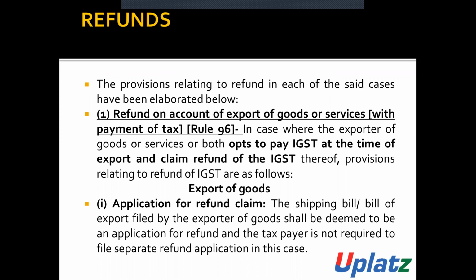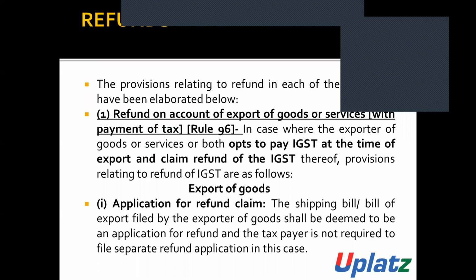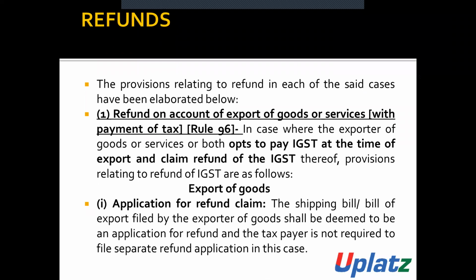Number one, application for refund claim. The shipping bill, or bill of export. First, the application for the refund claim is made by the exporter. First he will make an application for the refund claim.